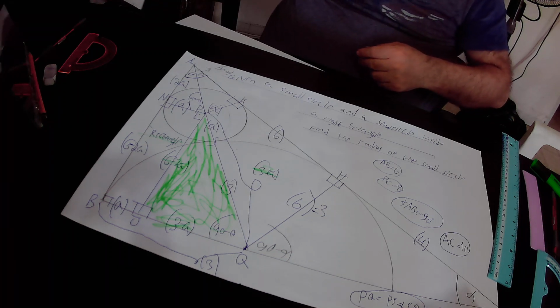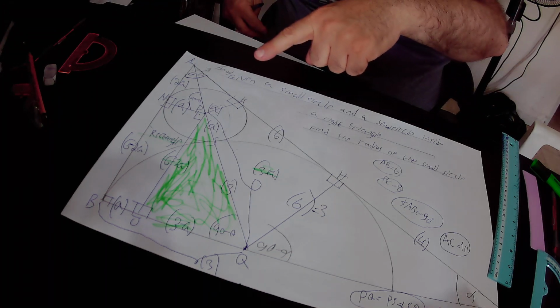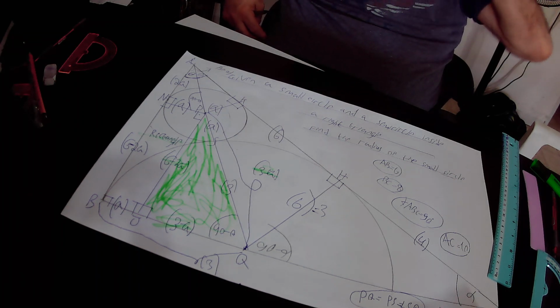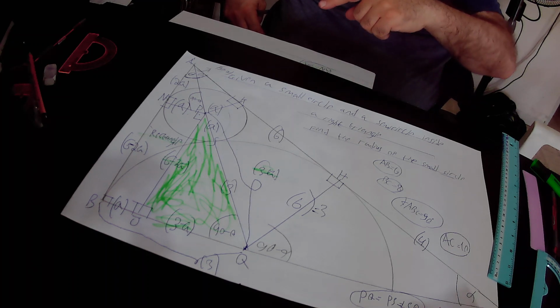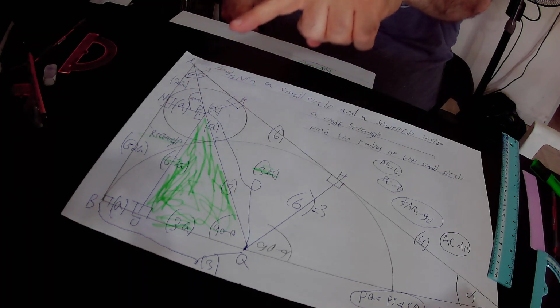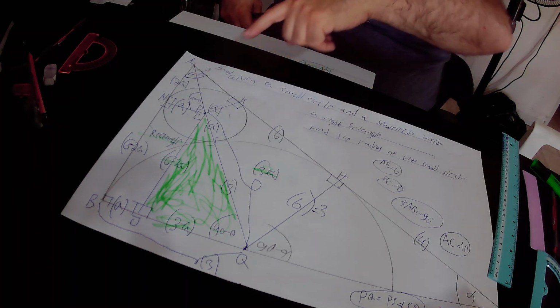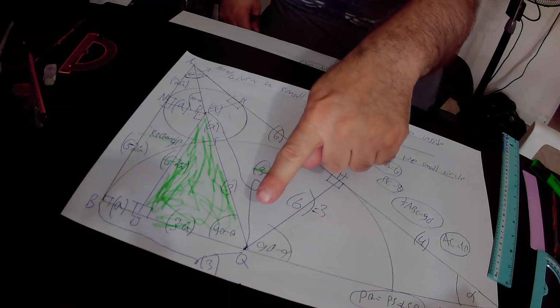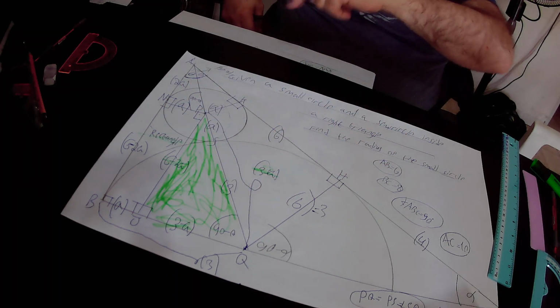And from the fact that the triangle ANP is similar to the big right triangle ABQ, we derive the following relationship between their sides. Side AB of the big triangle ABQ over side AN of the small triangle ANP equals side BQ in the big right triangle ABQ over side NP in the small right triangle ANP.